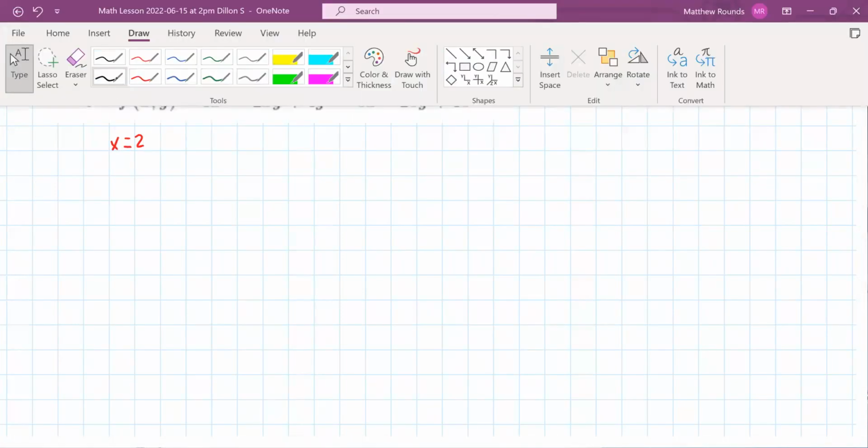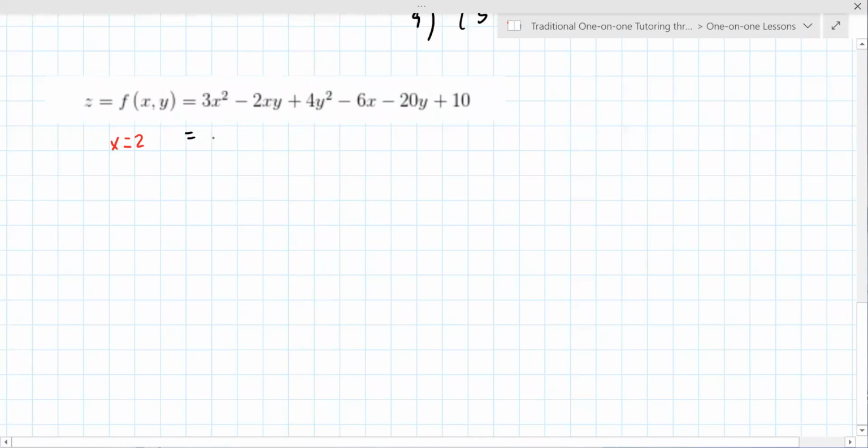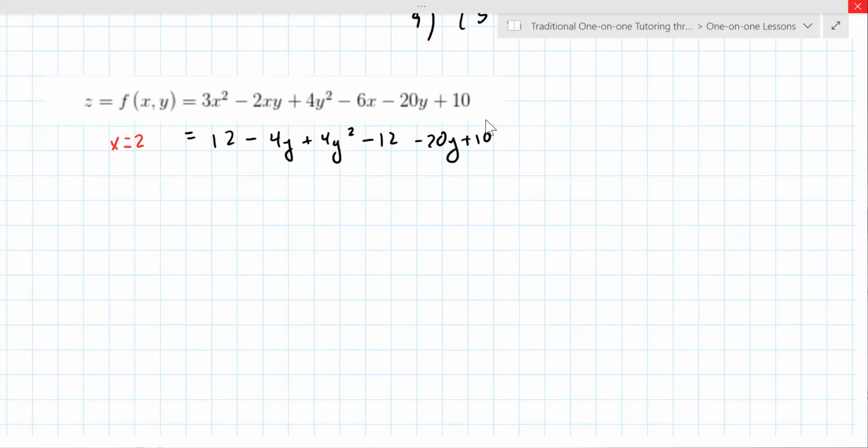So that gives you 12 minus 4y plus 4y squared minus 12 minus 20y plus 10. And then the resource I'm looking at says to take a derivative. Yes, take a derivative and set it equal to 0.